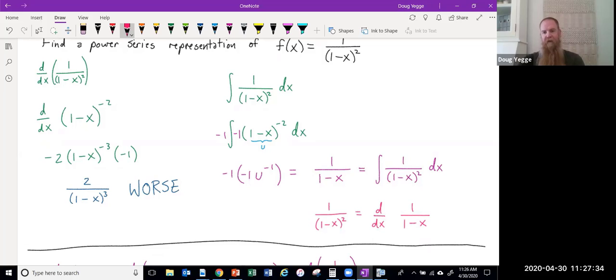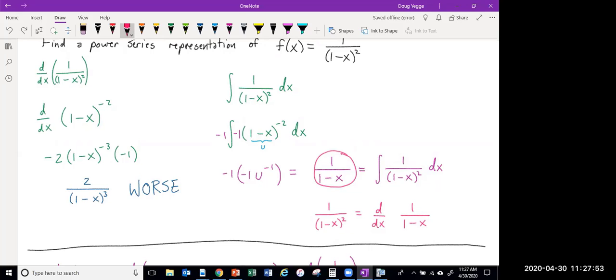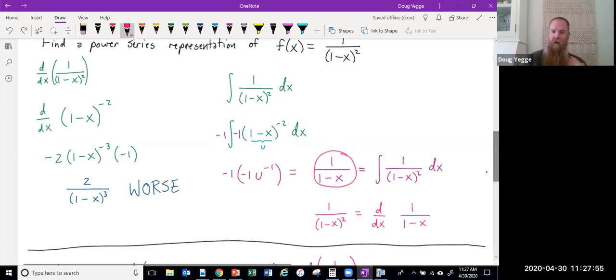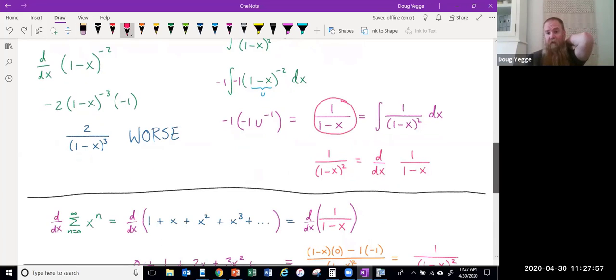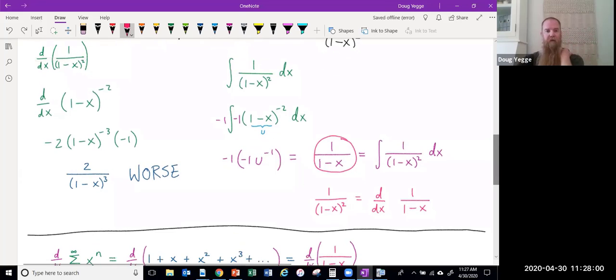They're inverse processes. If I take the integral of this, I get this, which must also imply that if I take the derivative of this, I get this. So we're not taking the integral of the power series, we're taking the derivative of the corresponding power series.